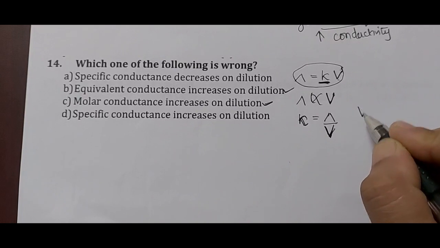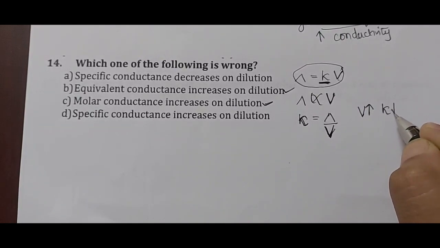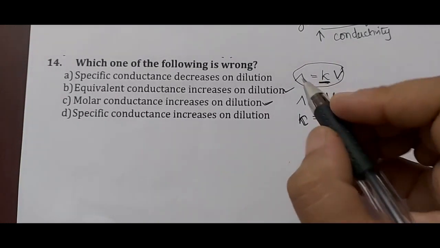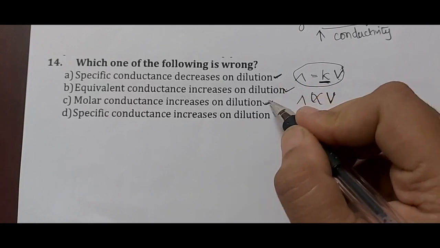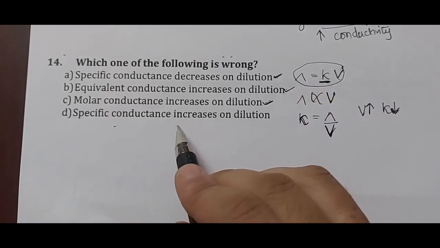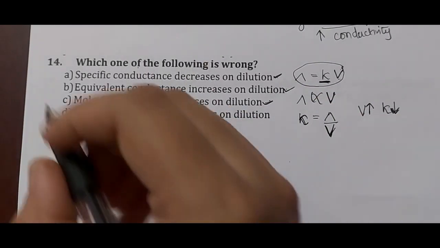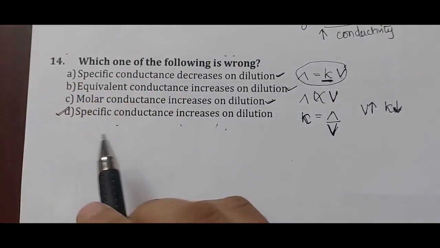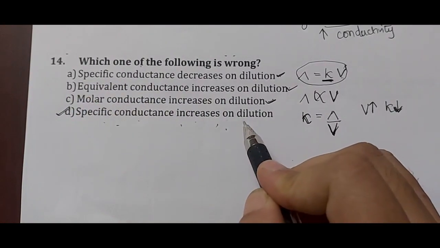So if the volume is increasing, specific conductance is decreasing. Hence, the first three are correct statements and the fourth sentence is wrong. Hence, the correct answer for the given question is option D, that is, specific conductance increases on dilution is a wrong statement.